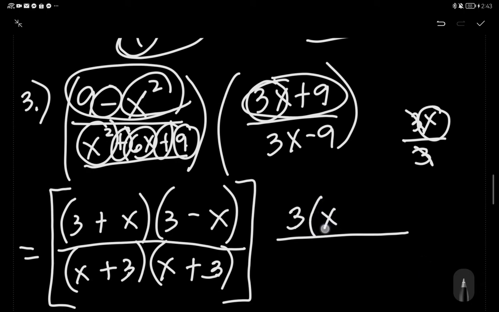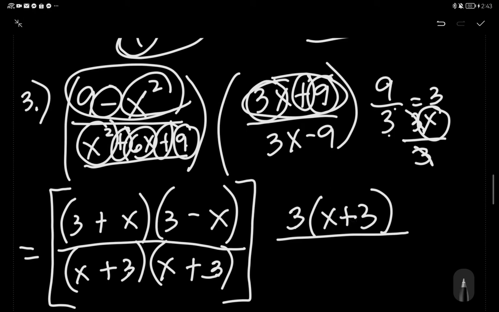So, ang nabilin sa parentheses si x. Tapos, kung si 9 ang atong i-divide og 3, that is equal to 3. 9 divided by 3 is 3. So, 3 ato ibutang. Now, kay positive ang naa silang tunga, positive po ang dira.